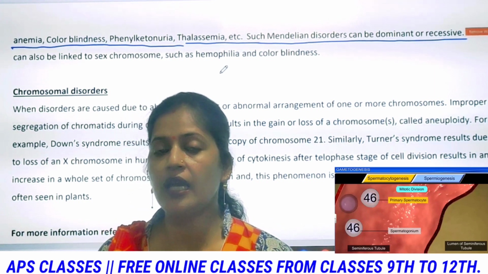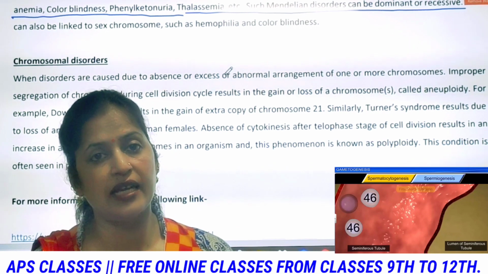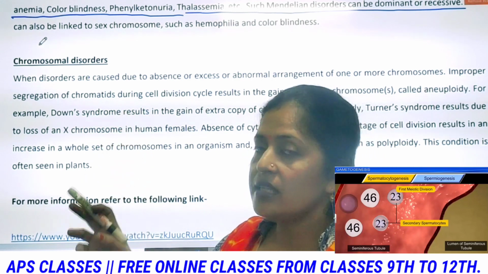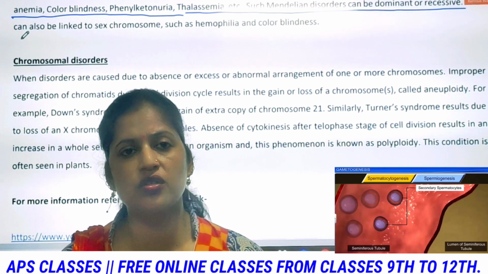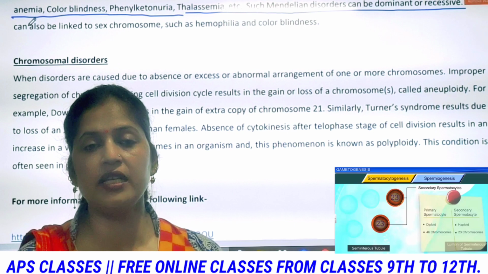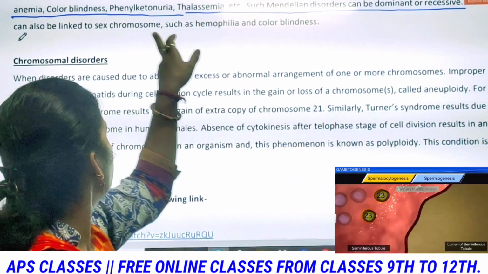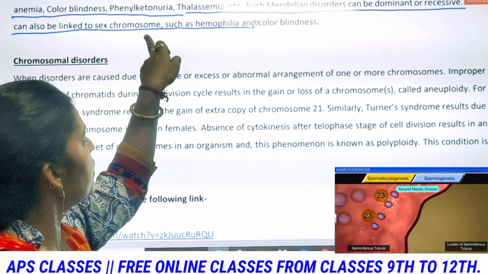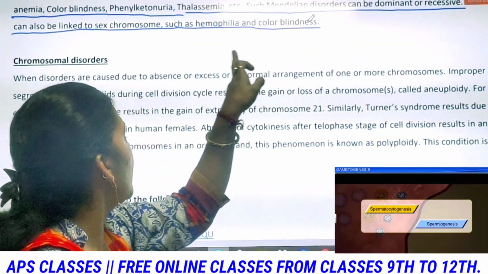It is not necessary that they are dominant, nor that they are recessive; either they can be dominant or recessive. They can also be linked to sex chromosomes, such as hemophilia and color blindness.